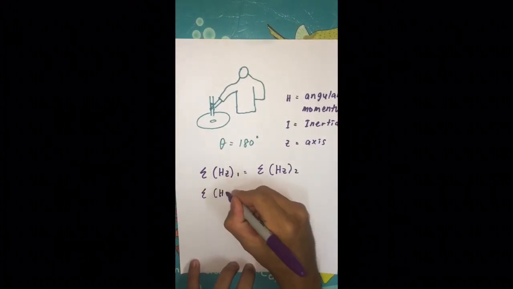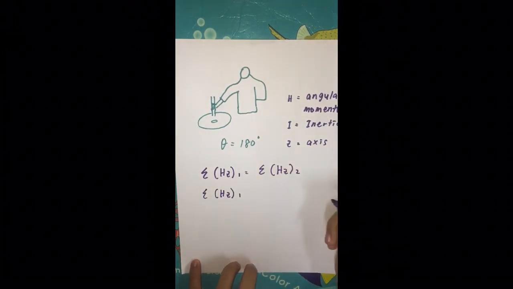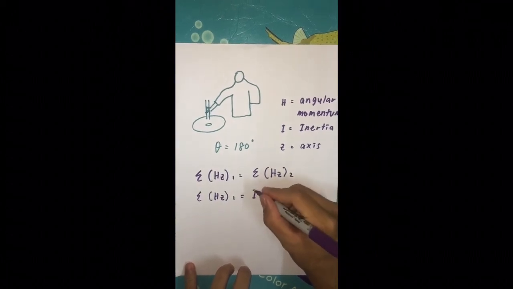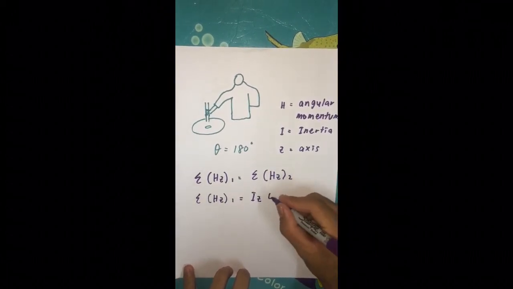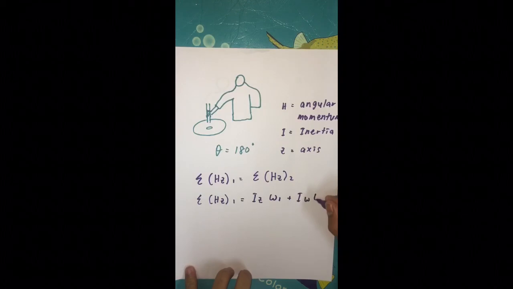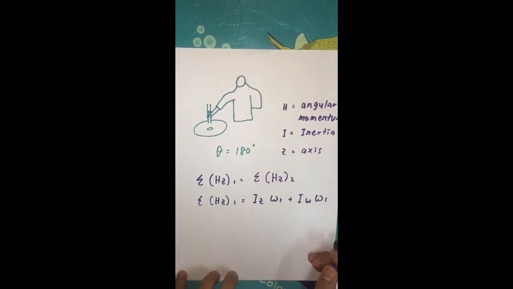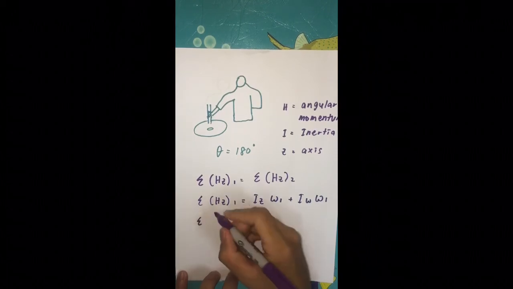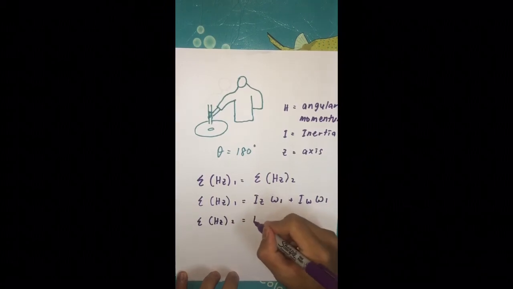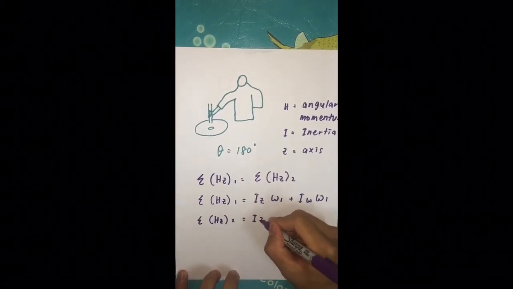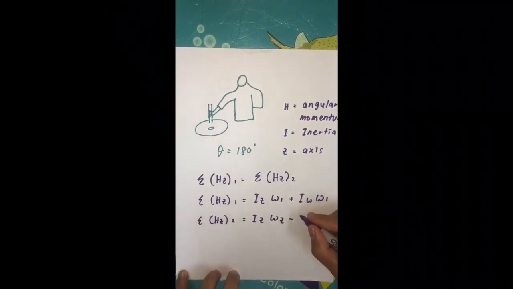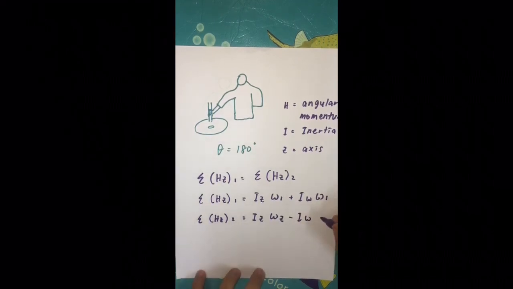Summation HZ1 equals Iz omega 1 plus I_w omega 1. Same as number 2, HZ2 is equal to Iz omega z minus I_w omega 2.